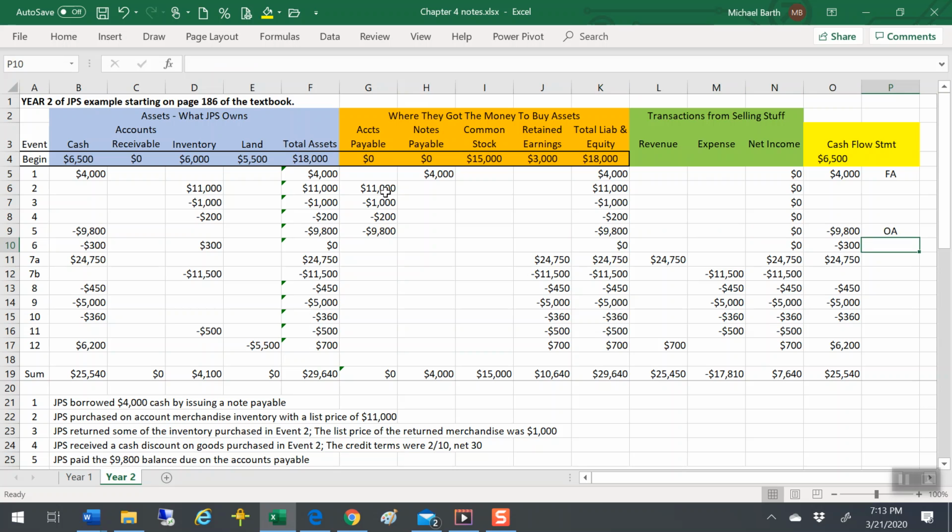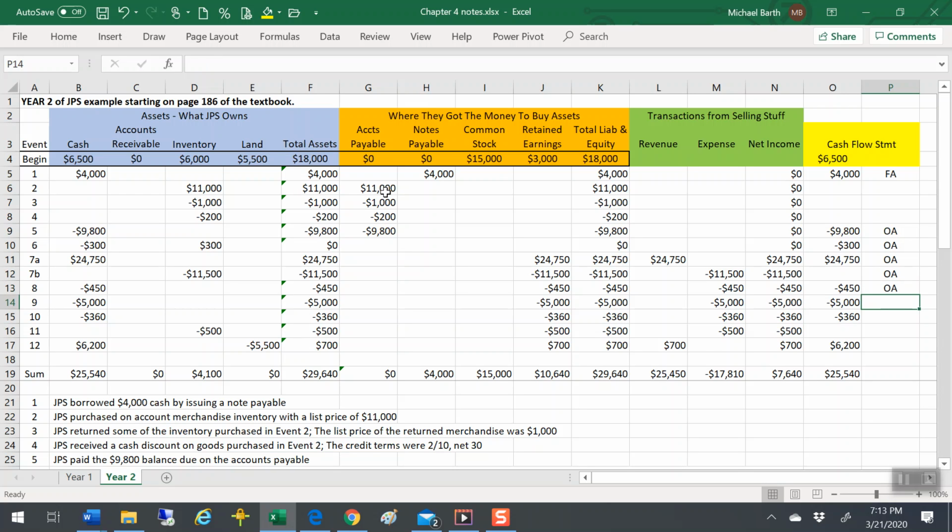The $300 shipping cost added to inventory is an operating activity. Our revenue is an operating activity. The cost of goods sold coming out of inventory is an operating activity. The $450 that we had to go pay to ship something is an expense on the income statement, operating activity.